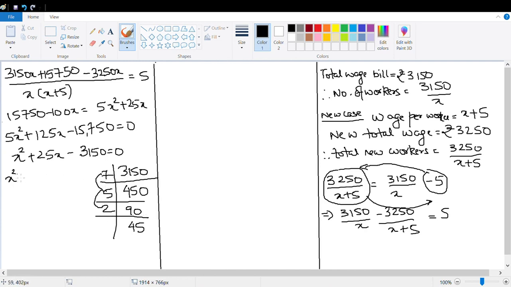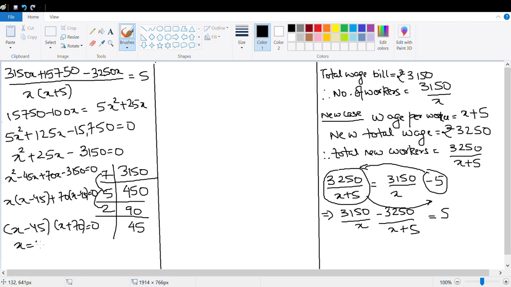So x square minus 45x plus 70x minus 3150 is equal to 0. x times x minus 45 plus 70 times x minus 45 is equal to 0. x minus 45 times x plus 70 is equal to 0, x is equal to 45, or x is equal to negative 70.